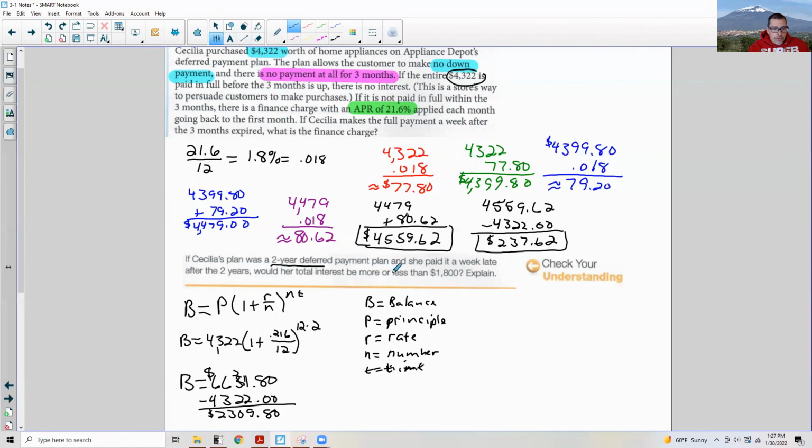So would the total interest be more or less than $1,800? It is definitely more. And the explanation is right there. Okay, remembering your interest formulas from chapter 2.